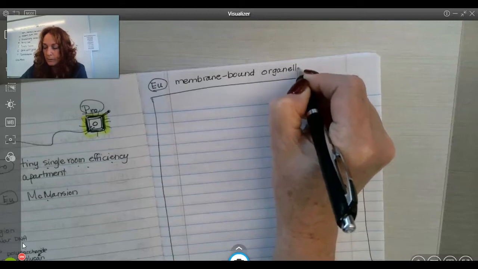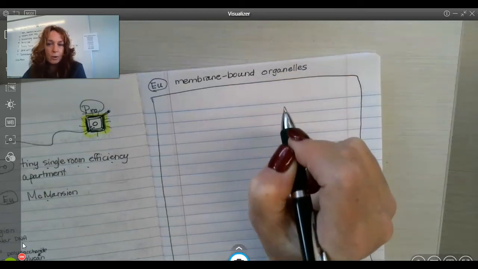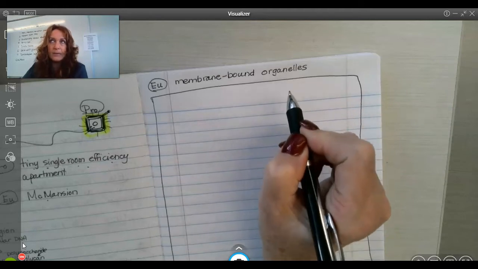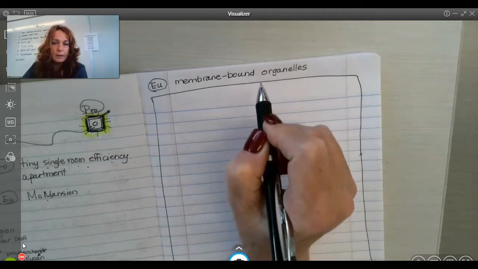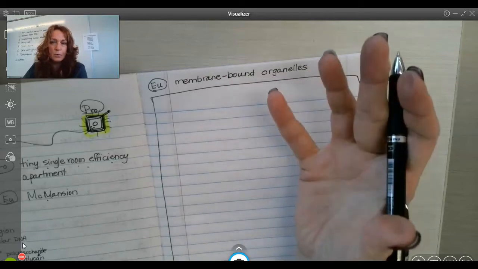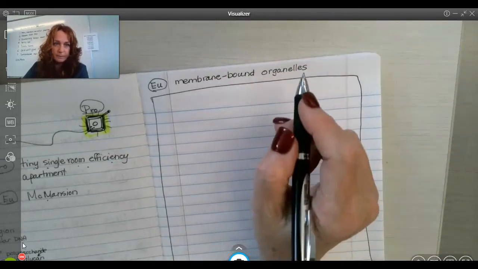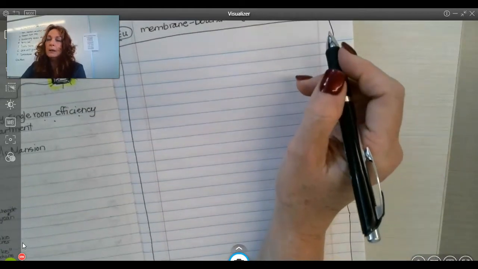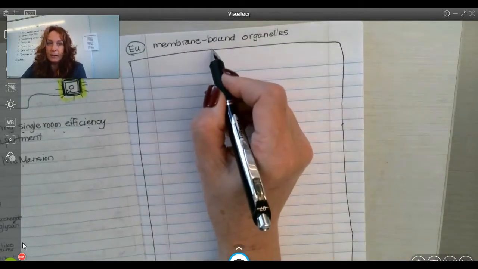organelles. And they're called organelles because they're little things that have one job. Just like you have a heart and it has one job, and it's an organ. So organelles are the same thing. But these have a membrane.